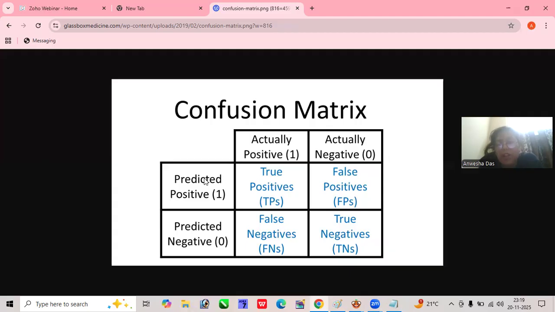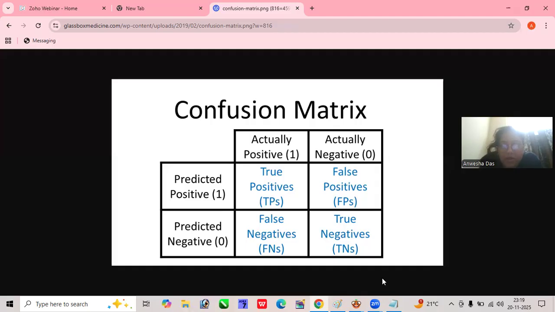Consider any kind of medical ground, where the thing is actually true, but the report is negative. It is very dangerous actually. Now, when the FN, that means the false negative, is playing a very crucial role, then we'll go for the recall. When the false positive is playing a very crucial role, then we'll go for the precision.